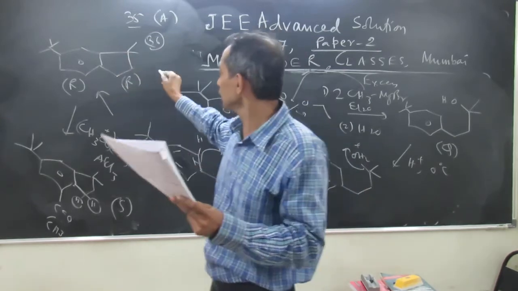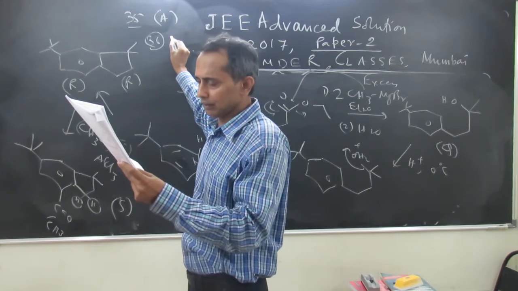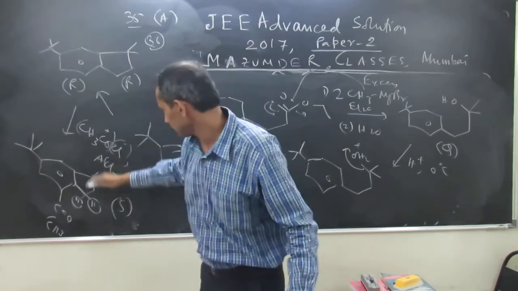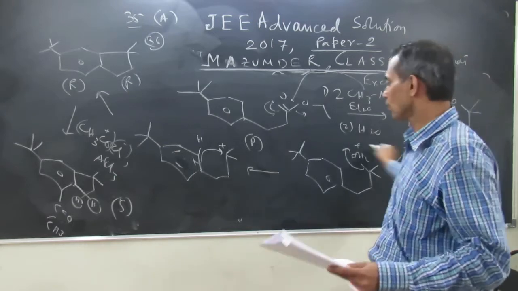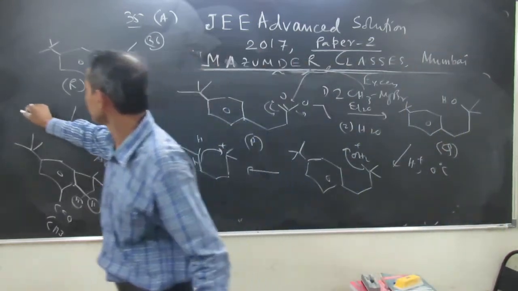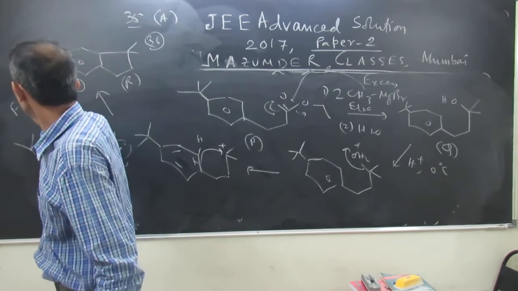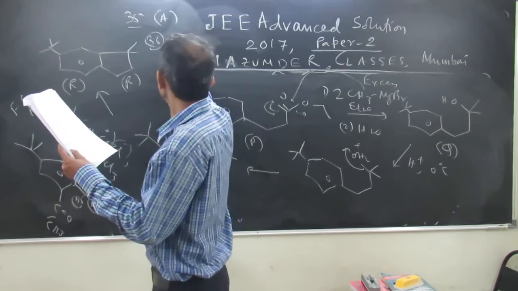So further alkylation and then further acylation. Again it is acylation because they are saying from Q to R, R to S. So here Friedel-Crafts acylation is taking place. So therefore the answer choice for 36 will be D.